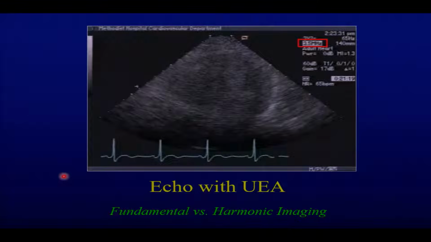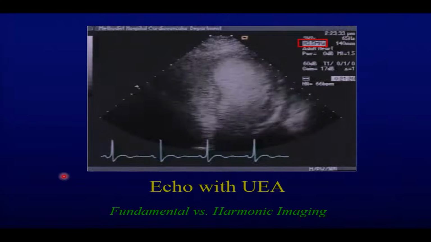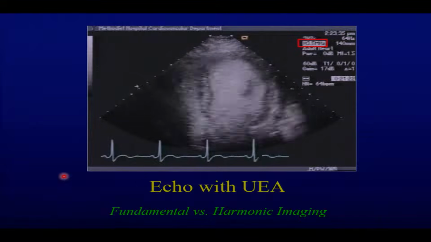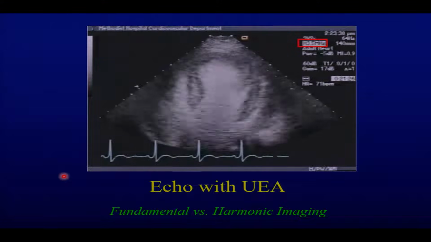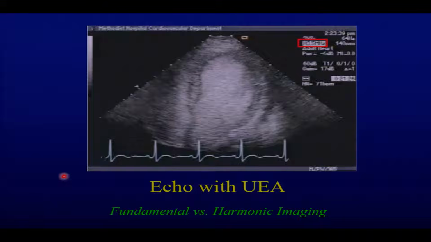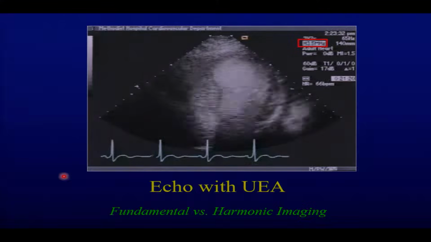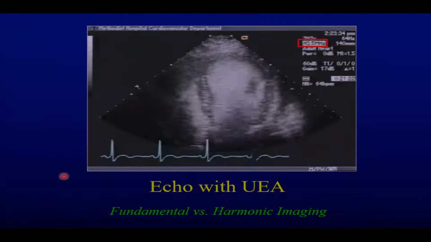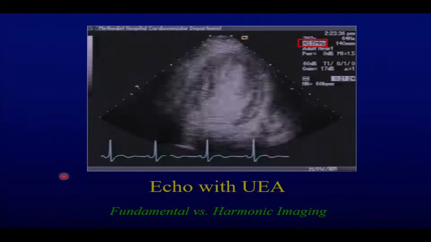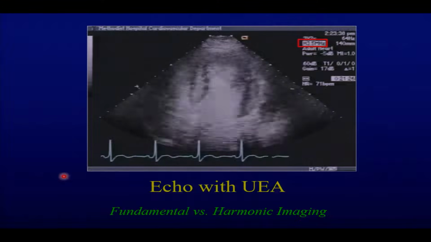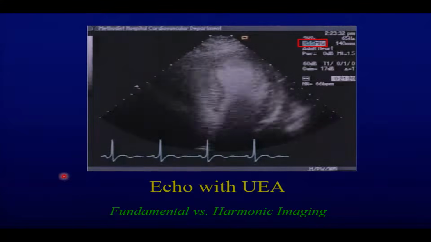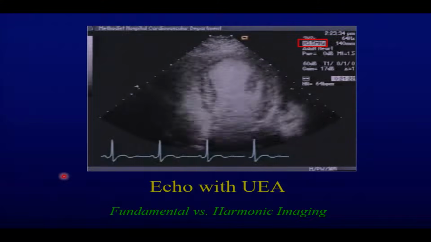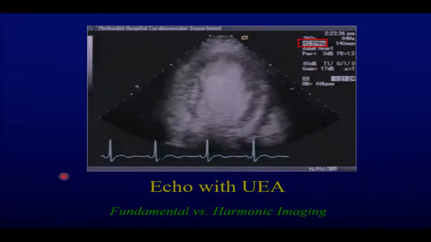Now, interestingly enough, along with this discovery, initially it was felt that myocardium doesn't emit harmonic, and actually it does. That's why you image nowadays most of the time with harmonic imaging. It improves the quality and takes away some of the clutter. So the signal to noise ratio is better even with regular imaging without contrast.